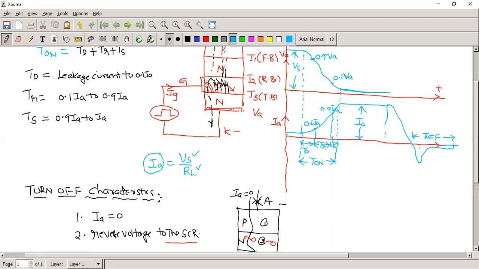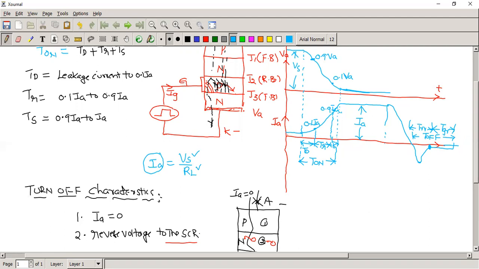From this point to this point, again we divide it into two intervals. This is one interval, the TRR, nothing but the reverse recovery time. Again, from this instant to this instant, this is the TGR, the gate recovery time.